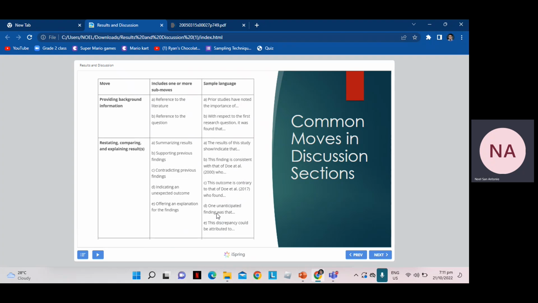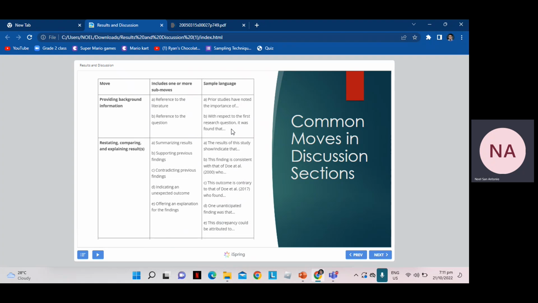It pertains to your statement of the problem. Ibig sabihin, for example, with respect to the first research question or with respect to the first statement of the problem, di ba your statement of the problem are stated in questions? So you are actually presenting the answer to your questions here.